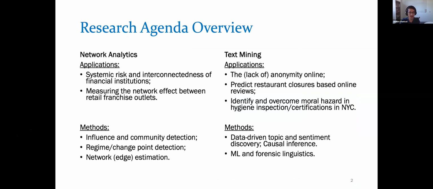The first thing I'll note is that, though I'm sitting in a business school, my formal training and PhD is in statistics. So all the papers I write tend to have a strong methodological component. I still do occasionally write papers that are purely, here's a new technique for measuring X, Y, or Z, or estimating whatever.